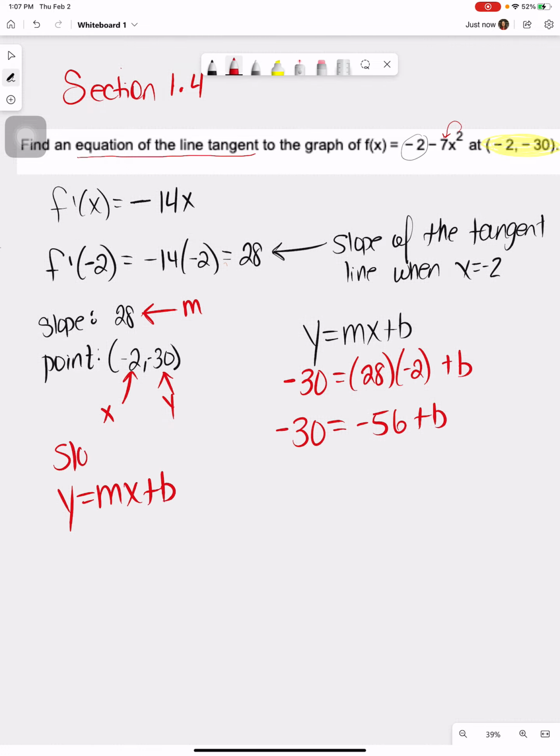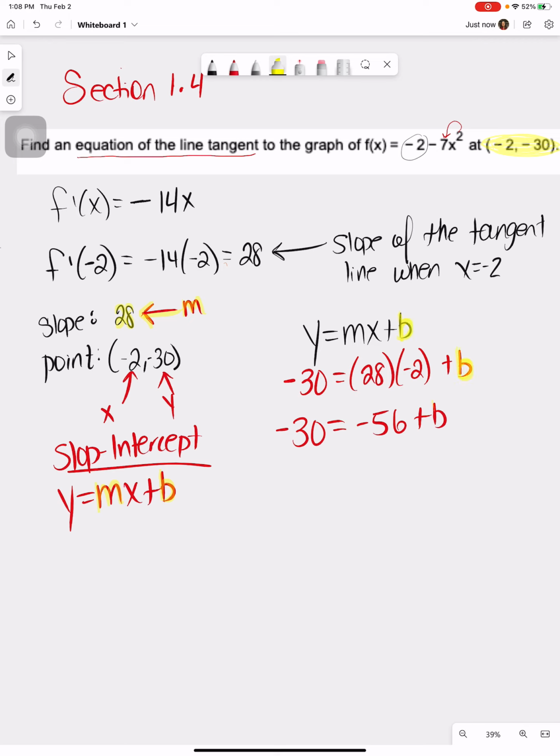That is what we call slope-intercept form, correct? So to write an equation in slope-intercept form, I need two pieces. Specifically, I need that y-intercept and I need that slope. My slope is up here, it is that 28. I have that piece of information. The piece that I do not have, again, is that b.